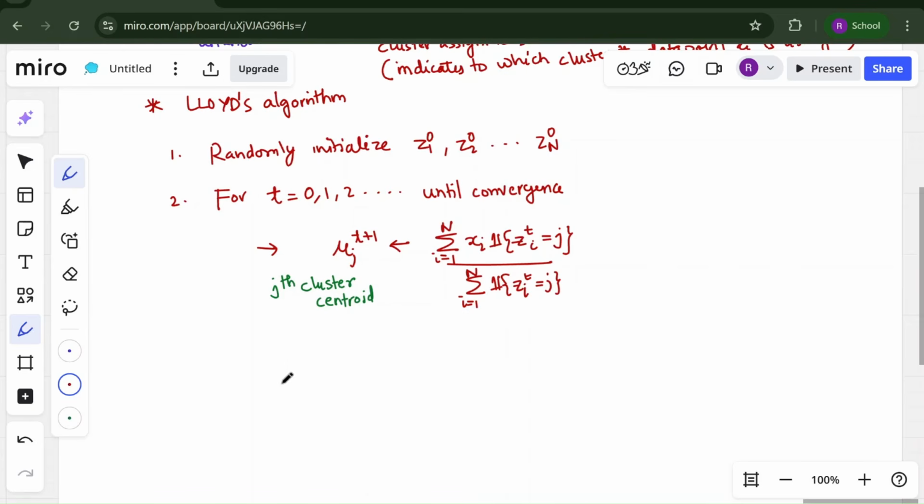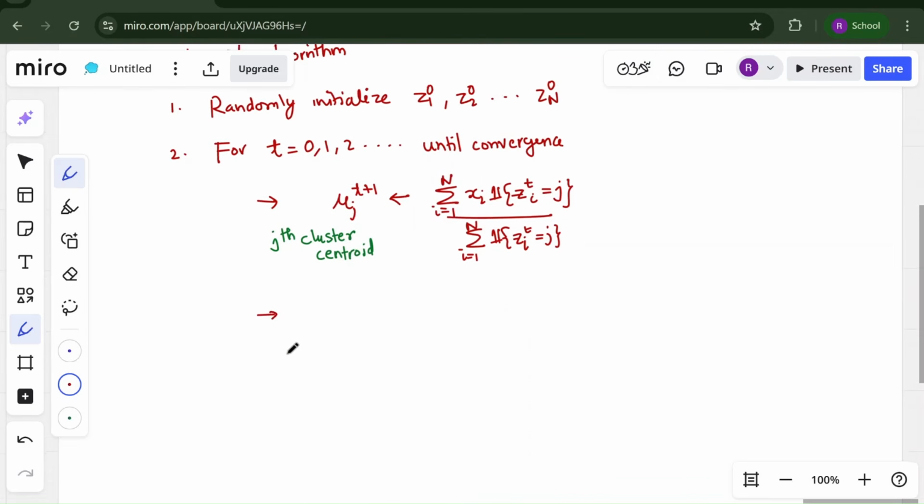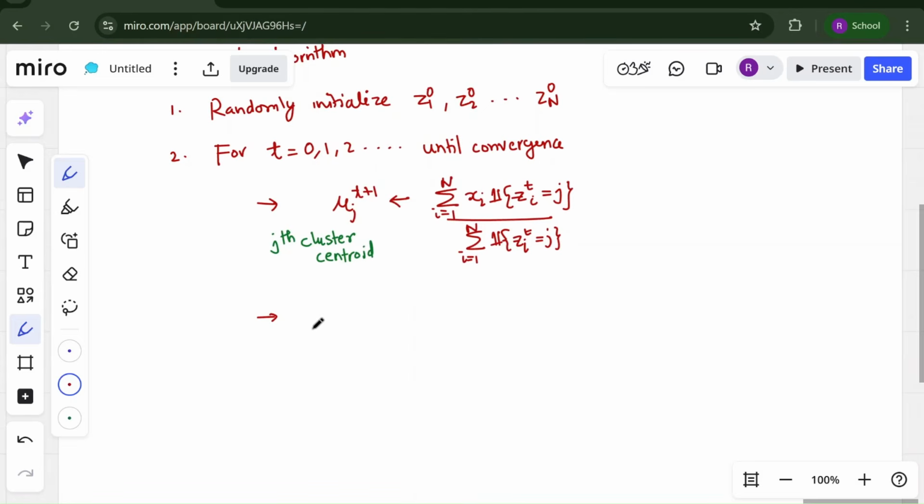All right. What next? Next, what we do is reassign each data point to the nearest cluster centroid. So how do we do that? We say z_i of t plus 1 is nothing but argmin of the distance between each data point x_i and every cluster centroid which you obtained previously. And then you take the minimum out of all of that. That is what is happening.